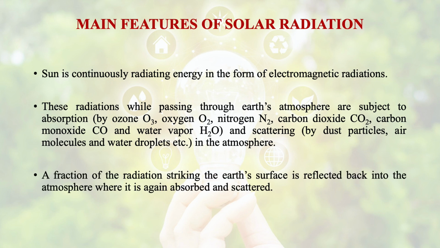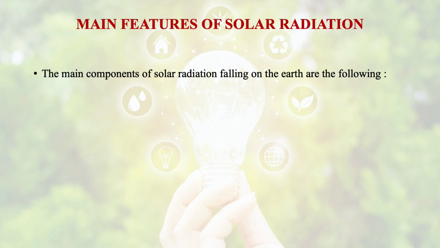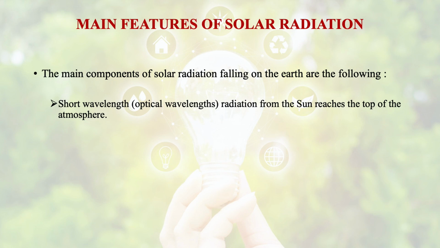So only a fraction of radiation striking the Earth's surface is reflected back into the atmosphere, where it is again absorbed and scattered. The remaining radiations are absorbed by the Earth's surface. The main components of solar radiation that are falling on the Earth are short wavelength, that are optical wavelength.